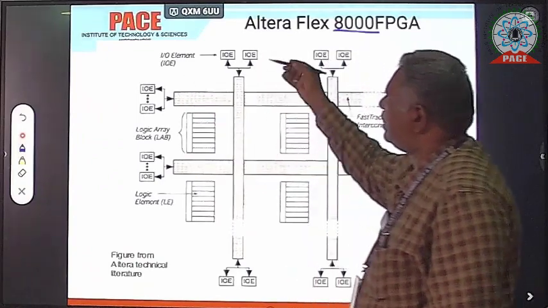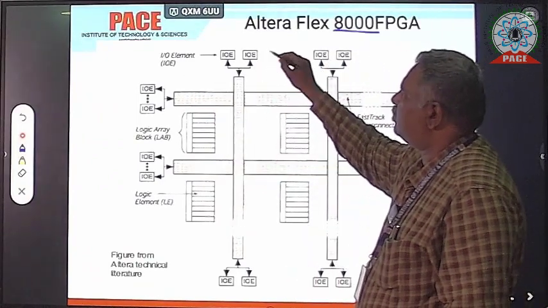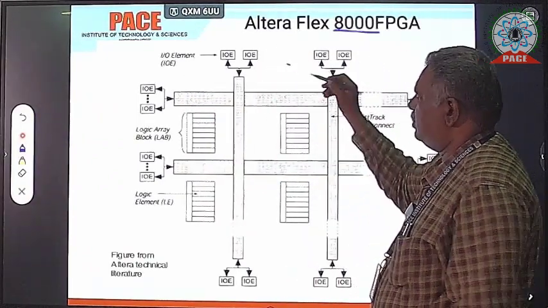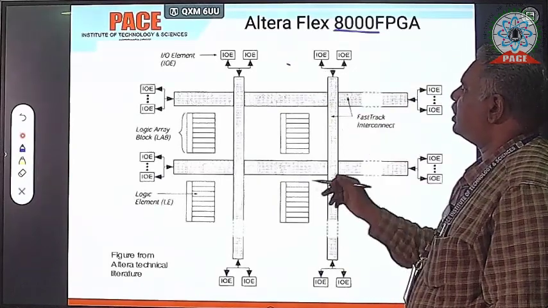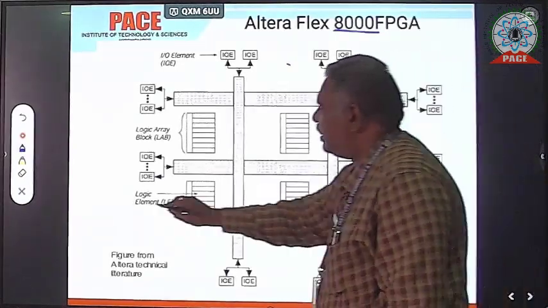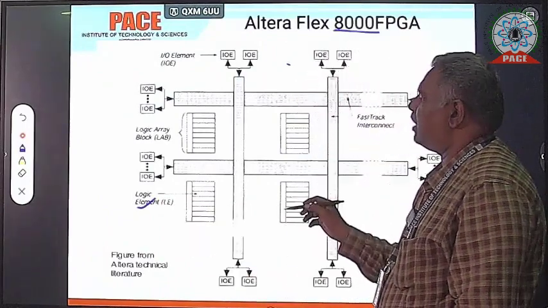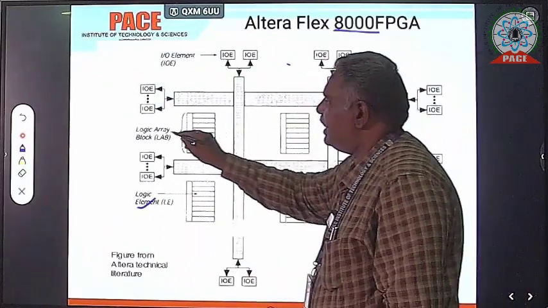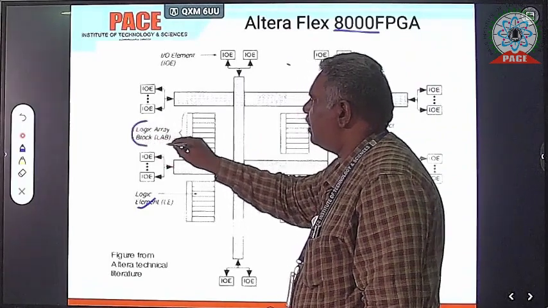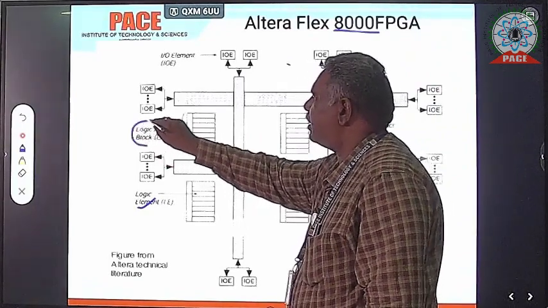What are the basic differences we are going to observe? In the 4000 we have input output blocks, as we know. Here also we have input output blocks, and similarly we have logic blocks. But what is additional is that we are going to have logic array blocks.